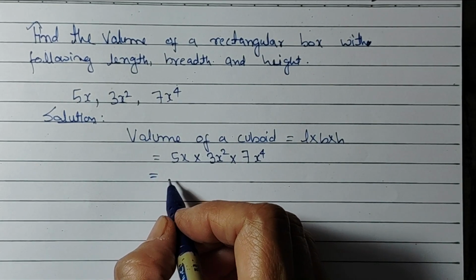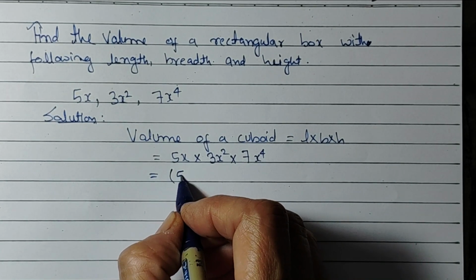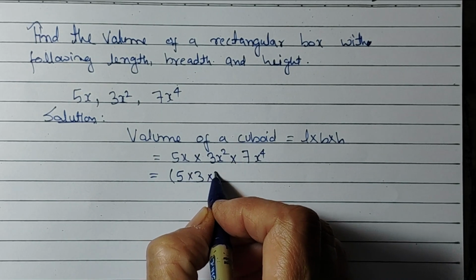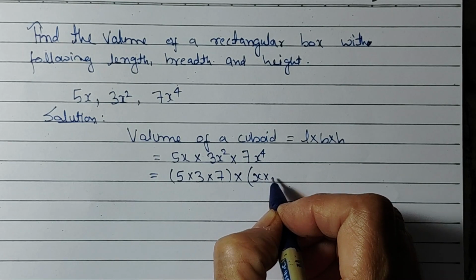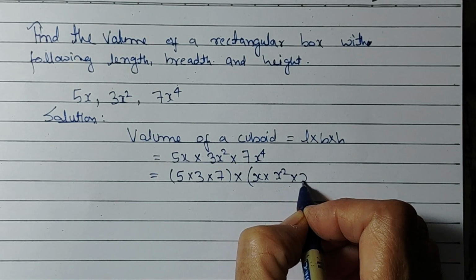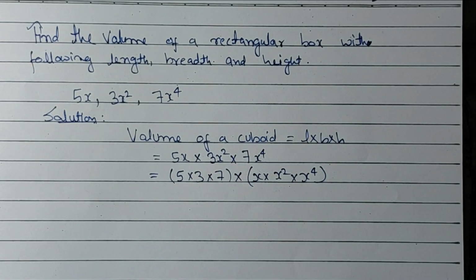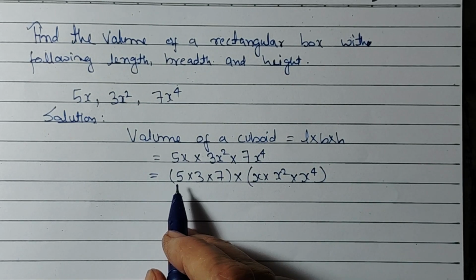First we'll multiply the constants. It's 5 into 3 into 7, with x into x square into x to the power 4. X will be multiplied separately.